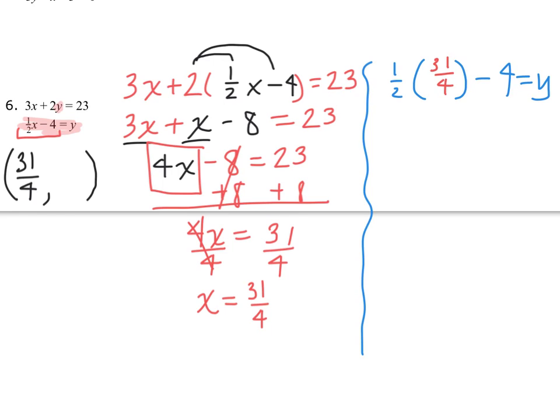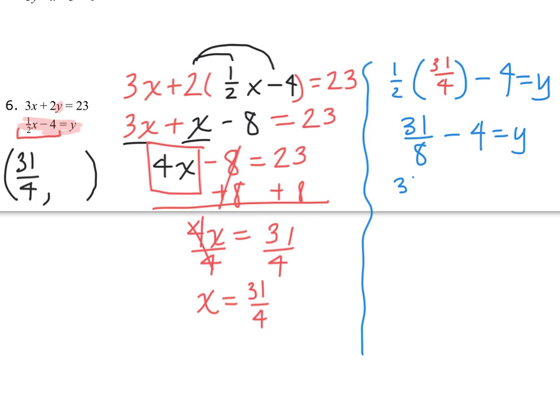So that's going to give me, when I multiply, 31/8 minus 4 equals y. So again, you're welcome to use your calculator for any fractions. I'm going to go ahead and work this out.